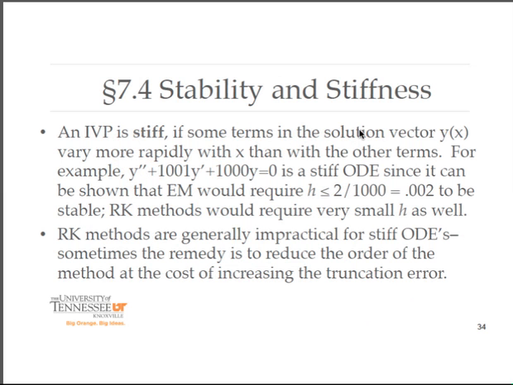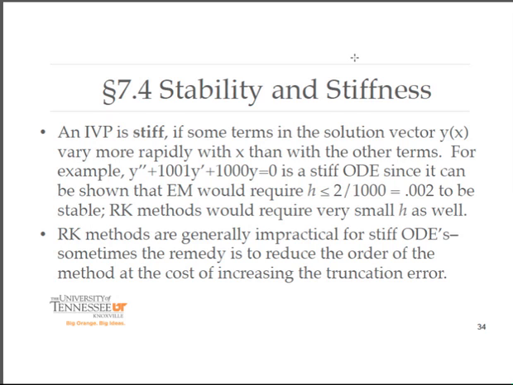So the last term that we want to talk about in this chapter, and you may see this in some applications that you might work with down the road in any scientific application, is what's called stiffness. An IVP is stiff if some terms in the solution vector vary more rapidly with x than other terms.